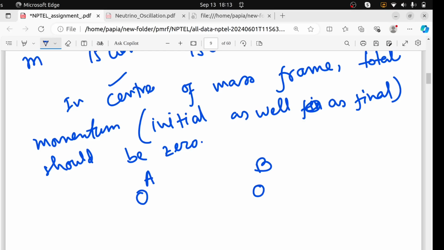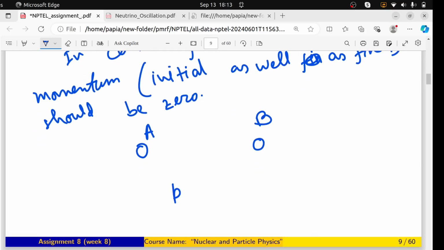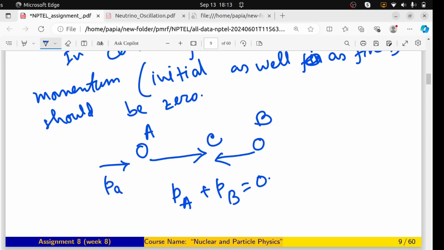So what does this mean? This means that the total momentum, that means PA and PB, should be equal to 0. Pictorially, this is coming from this side, this is coming from this side, and they will collide and become C. So if I write here that this is the PA direction, and this is the PB direction, PA is nothing but minus PB because it is in the opposite direction.